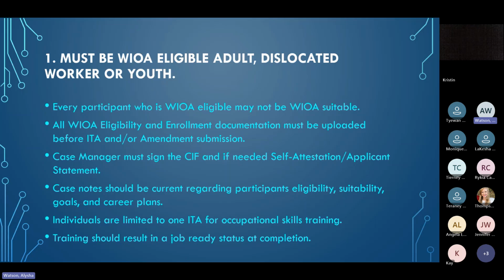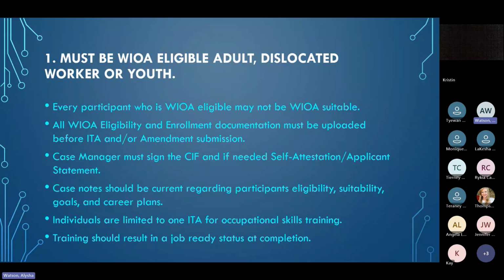A lot of times they may come in full steam, 100%, wanting to enter into a program. And the more that they are case managed, the more you find out that what they want does not align with the goals of WIOA as far as ITA funding. So that's why suitability is just as important as eligibility.